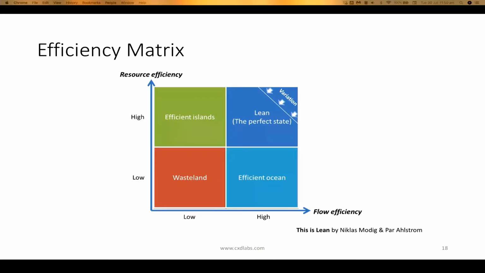That means this tool helps them show that you need to push towards that flow efficiency to get into that lean state. So understanding the strategy of that team or the company is very important to whether they want to go to more resource efficiency or flow efficiency. Any questions about this? I've kind of breezed over it pretty quick.